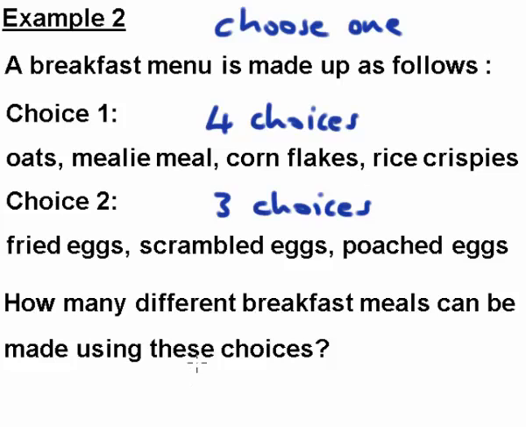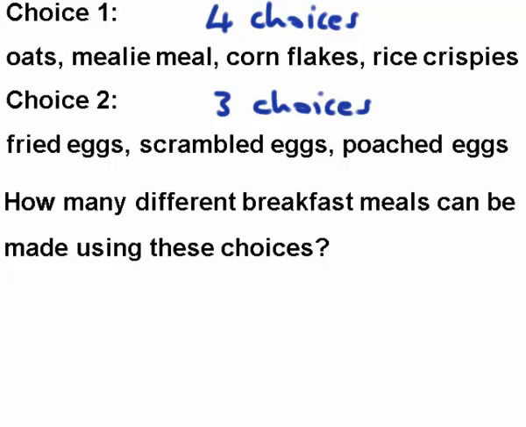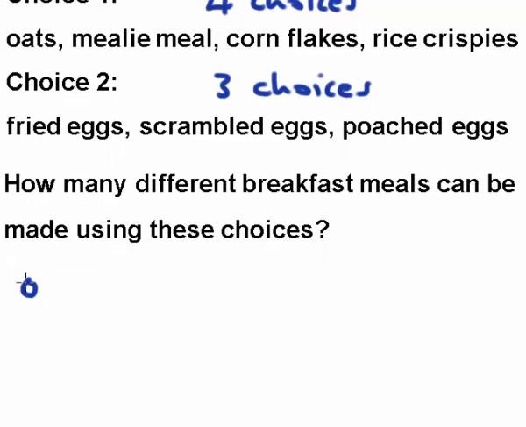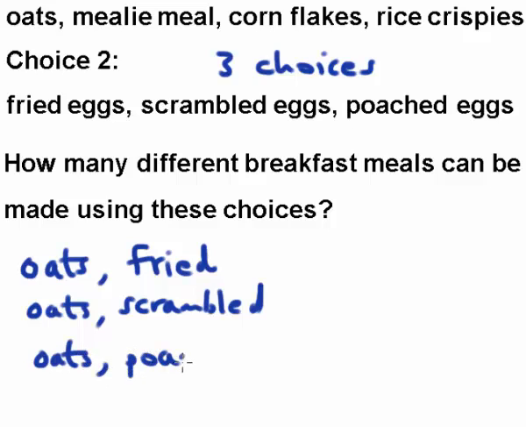Well, if we think about it clearly, we could start off by saying, let's have oats as the first choice, with fried eggs. Or we could have oats and scrambled eggs. Or we could choose oats as our first choice, and our second choice could be poached eggs.